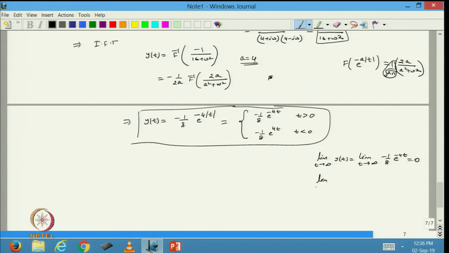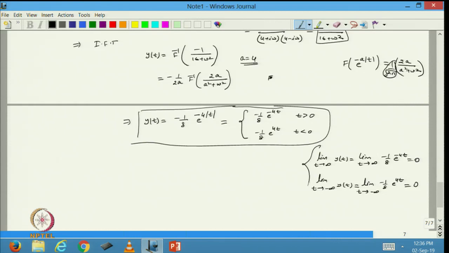Also, if I take the limit t tends to minus infinity of y(t), minus 8 e^(4t), as t tends to minus infinity this is minus infinity times e to the minus infinity, so its value will be 0.